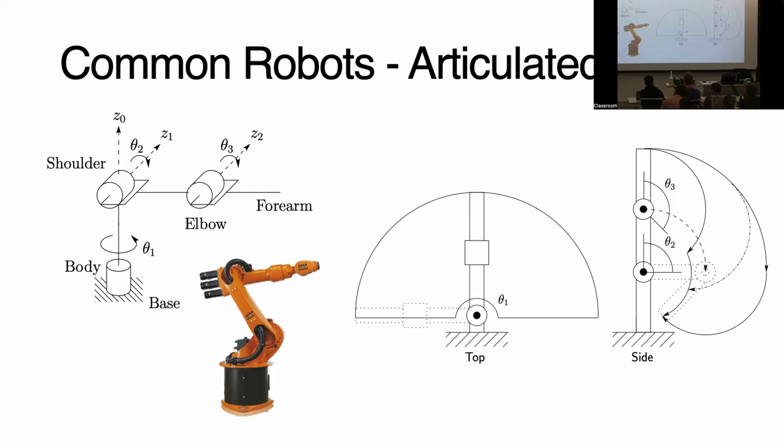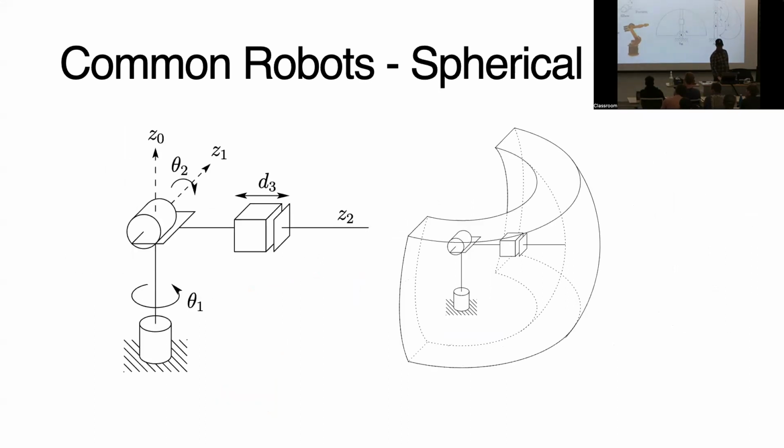And then typically your wrist would have 3 additional degrees of freedom that will allow you to orient the end effector anywhere in space. So 3 revolute joints, the body, the shoulder, and the forearm. That's the articulated robot.